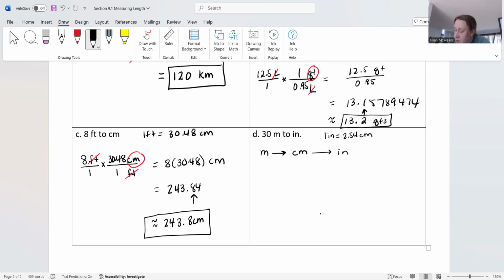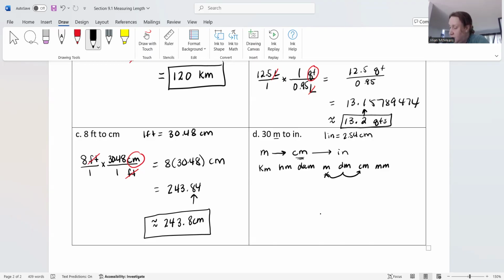In the metric system, we have kilo, hecto, deca, single meter, deci, centi, milli. All right, so we need to go from meters to centimeters. Okay, so we're going to start here and we need to move to the right 2 times. So we're essentially taking our 30 meters and multiplying it by 10 twice.